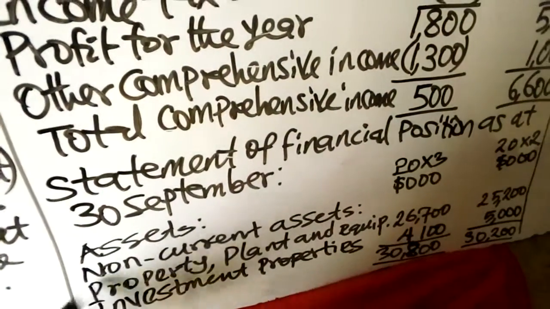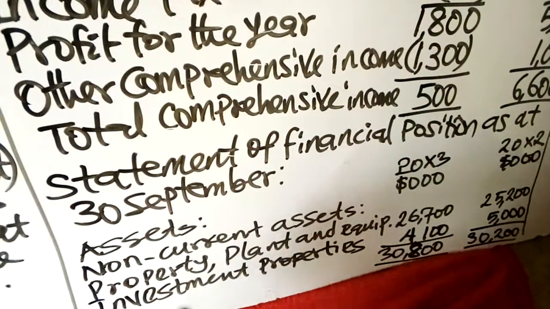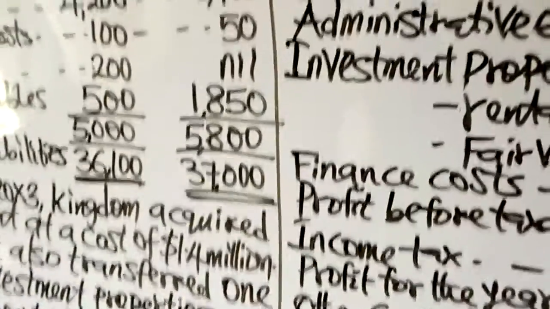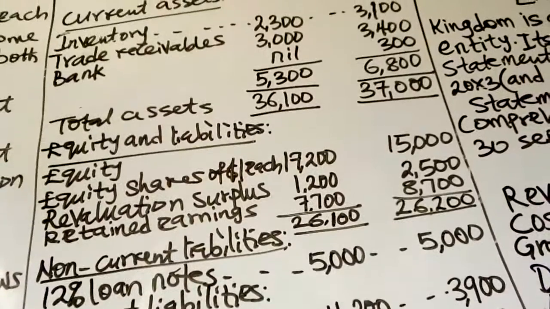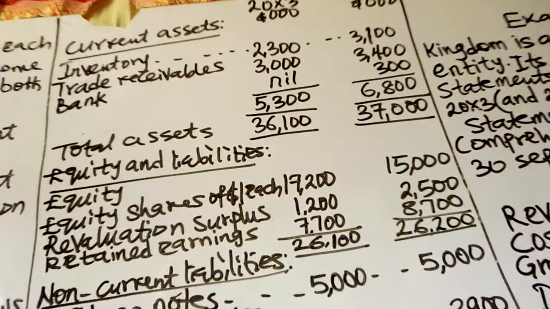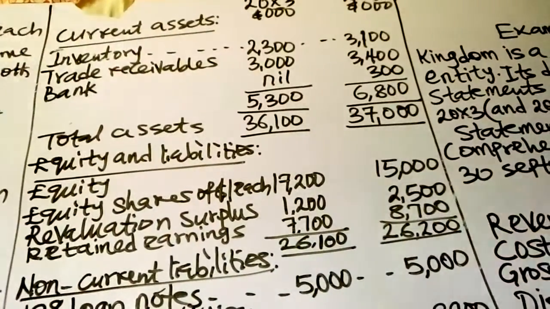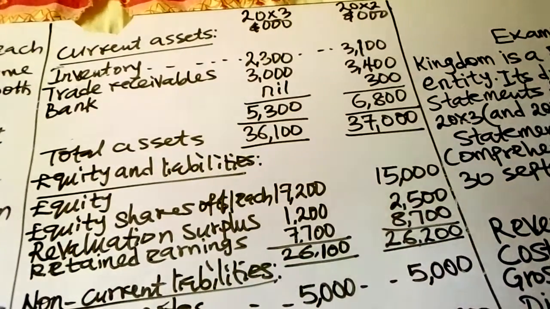We have assets, which include non-current assets. We have property, plant, and equipment. Then we have investment property. Then we have current assets, and that include inventory, 2,300 and 3,100 respectively for 20x3 and 20x2.